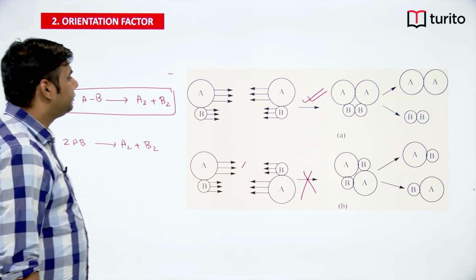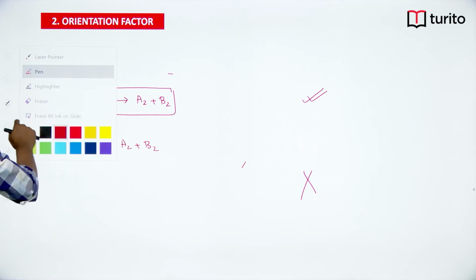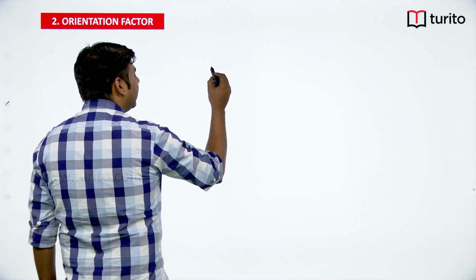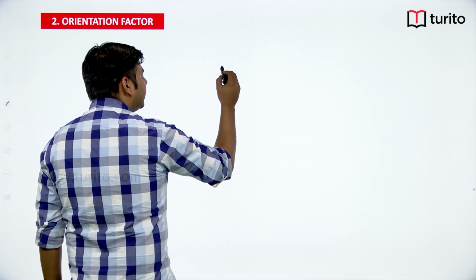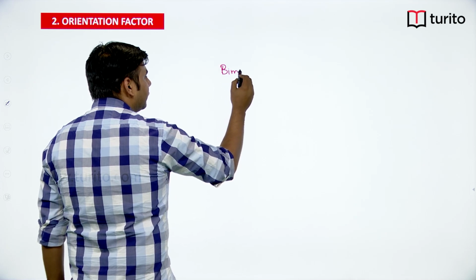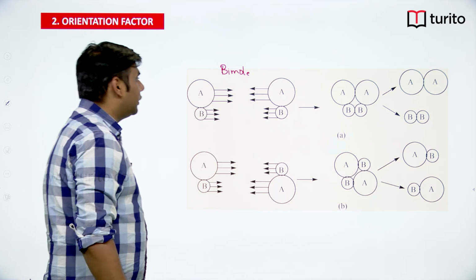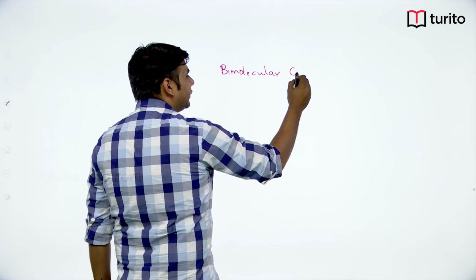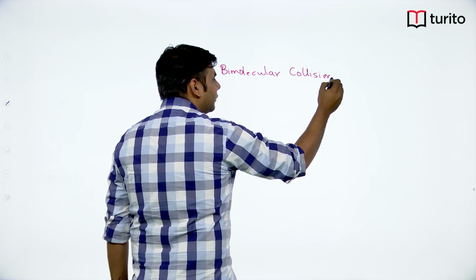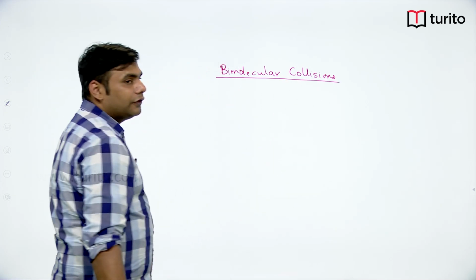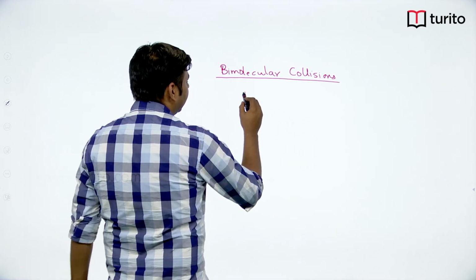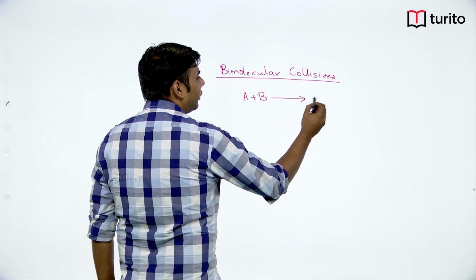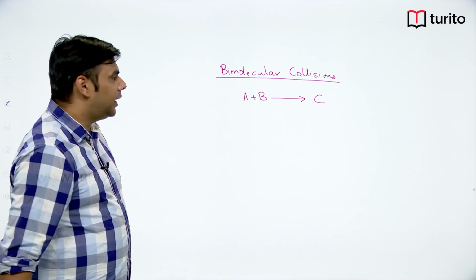So let us take another example. If we are considering bimolecular collisions, suppose the reaction is something like this: A and B are reacting together to form C. So we know that A and B are colliding together.